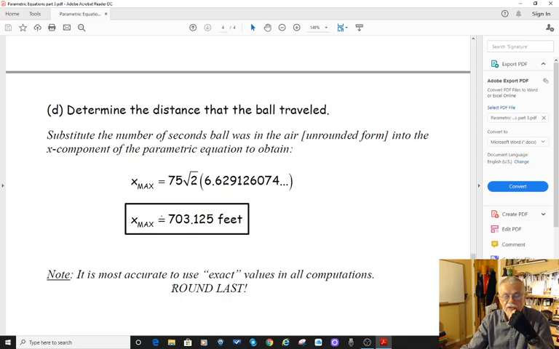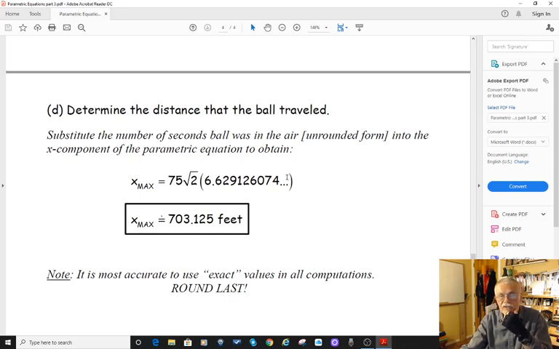So the general rule is you round last. That's the reason why I made a big deal about using this value with the dots on the end. The calculator even has more values stored which we don't see. In this case, it's got 10 digits stored, but there are more that you don't see.